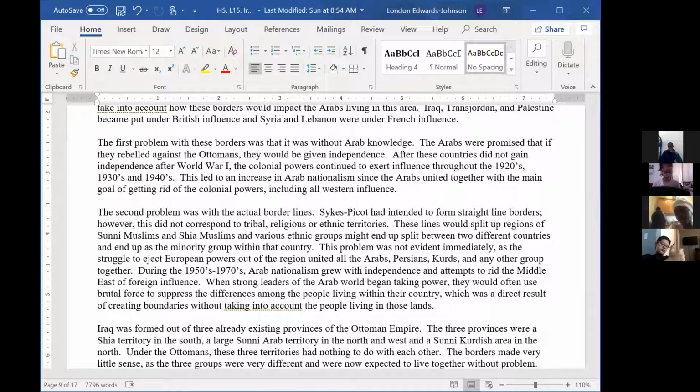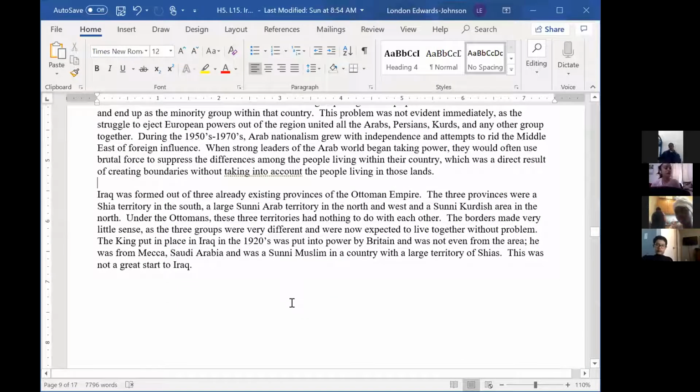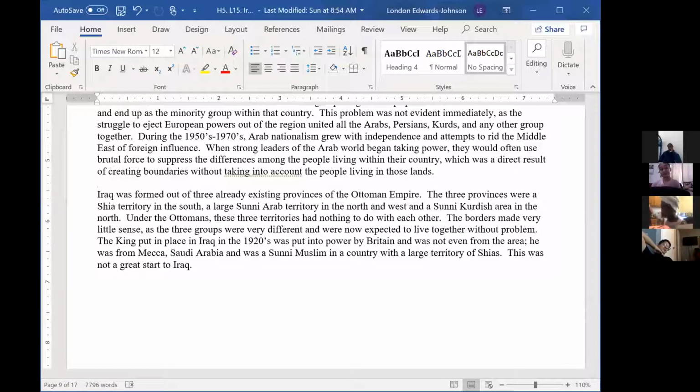All right, last paragraph, Emmanuel. Iraq was formed out of three already existing provinces of the Ottoman Empire. The three provinces were a Shia territory in the south, a large Sunni Arab territory in the north and west, and a Sunni Kurdish area in the north. Under the Ottomans, these three territories had nothing to do with each other.